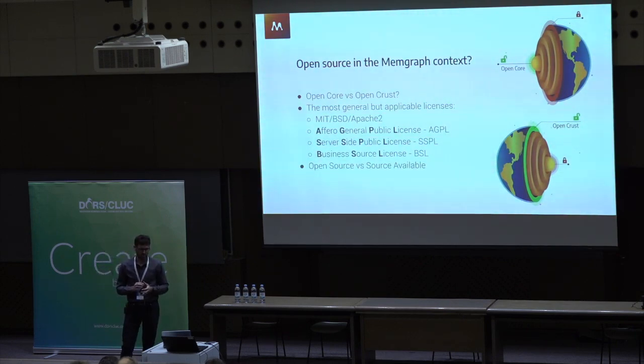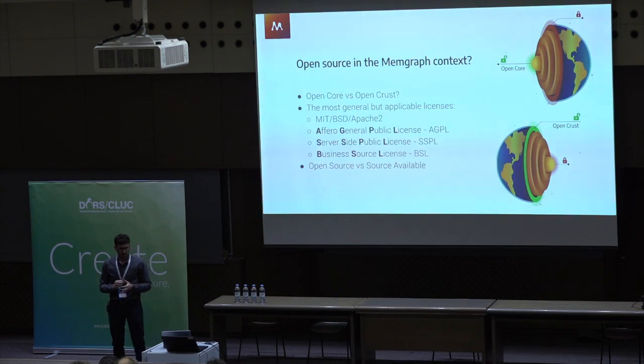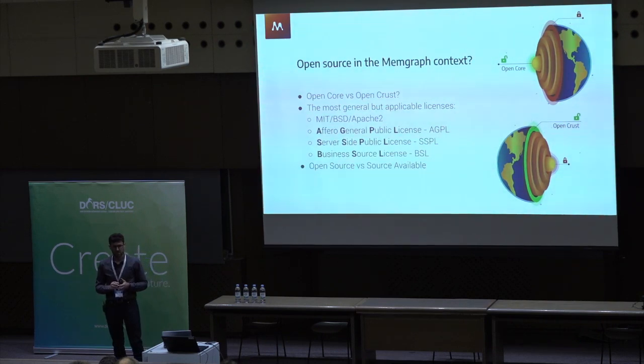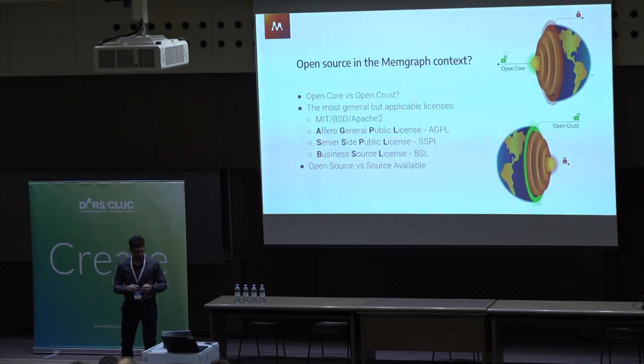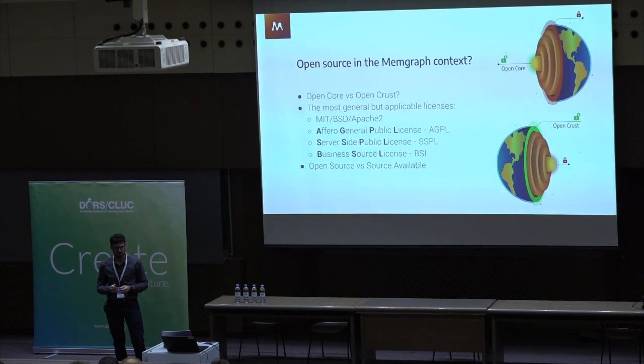So basically, they wanted to protect themselves against large cloud providers, because I'll explain a bit later why that is so important. Large cloud providers just come in and start monetizing software without contributing a lot of things back, and then Mongo came in with that.